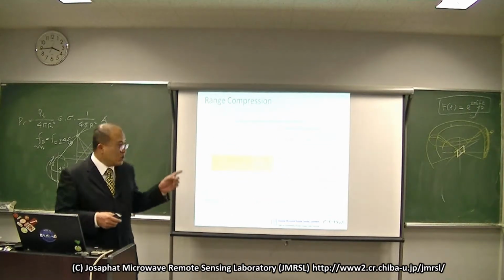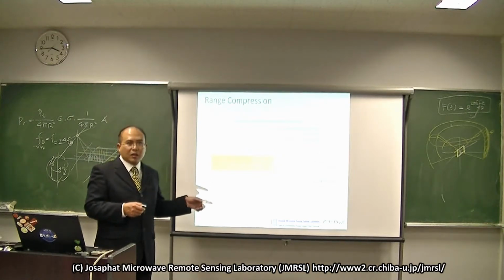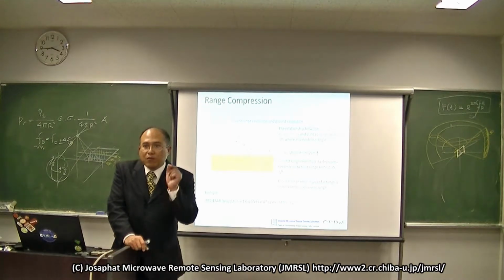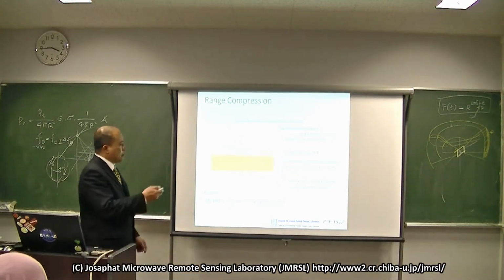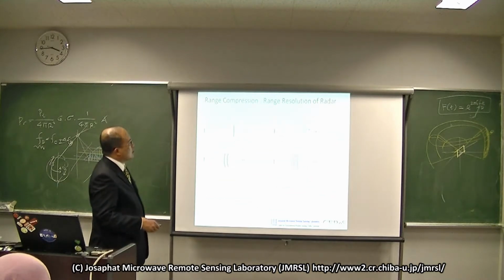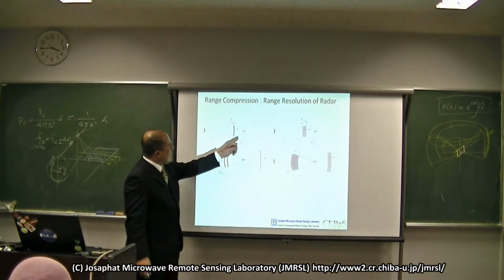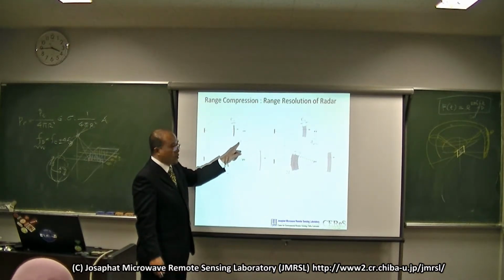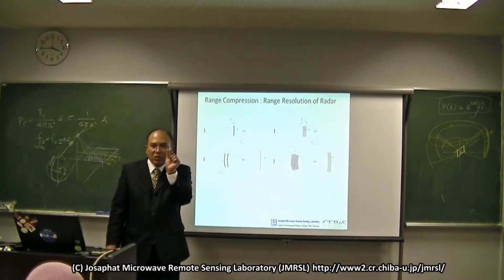If you use the conventional technique, with the pulse width of 35 microseconds. Okay. It is one of the illustrations. If you want to discriminate this A and B, with the distance D, you need this pulse to be very thin.